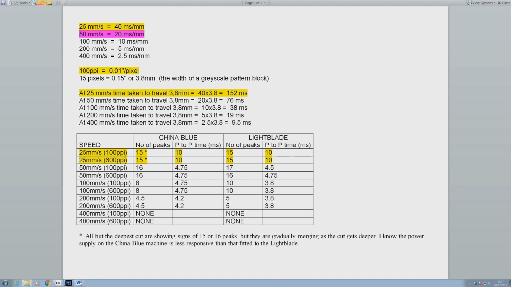Now, my previous work with 3D engraving showed exactly the same sort of peak to peak marks, gear teeth, call them what you want. Now, there were a lot of people that had suggested to me the obvious was that I should be looking for a correlation between the gear teeth on my pattern and the gear teeth on the belt or the drive pulley.